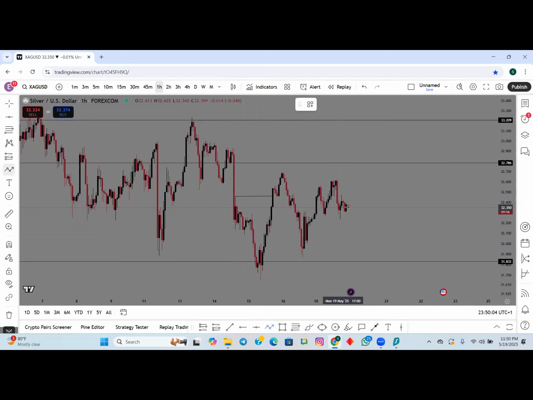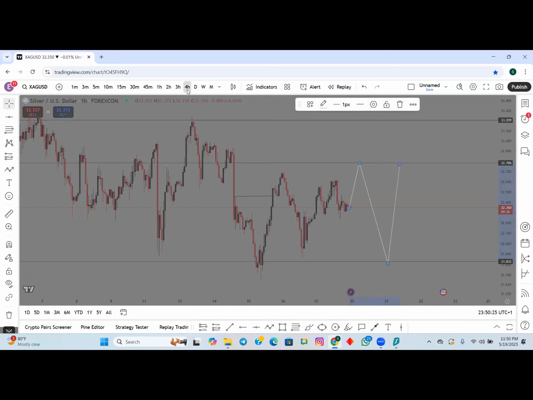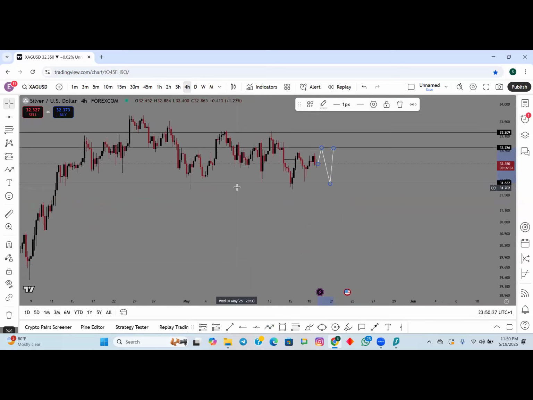So anything can happen. Price can decide to buy from here, since it's a consolidating market, get to this point and also drop, get to this point again and also buy. You see the kind of thing. So it's not having a clear move right now. I don't know if you still understand.